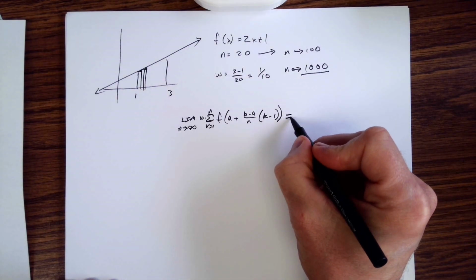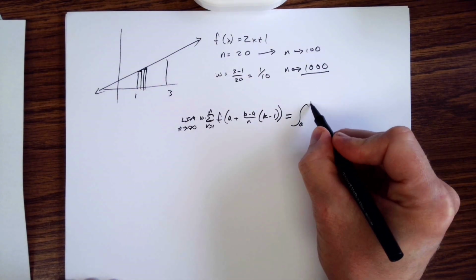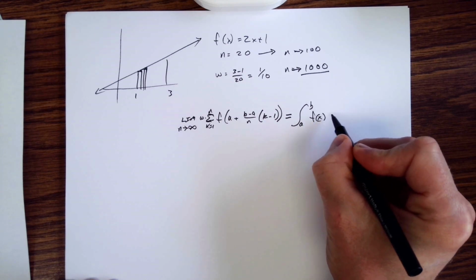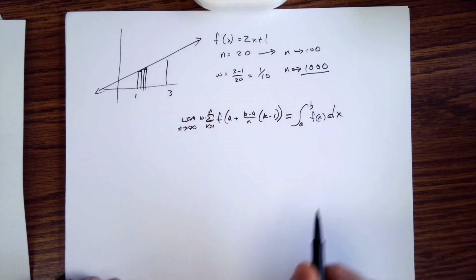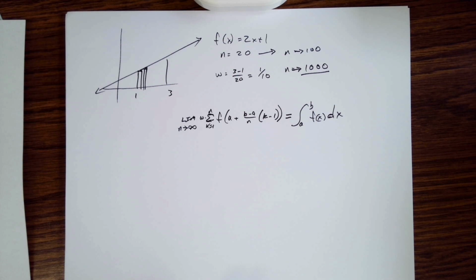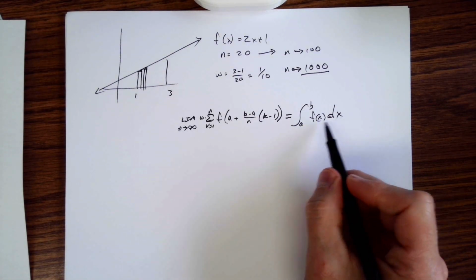This would be exactly the integration from a to b of f of x dx, right? Which is pretty cool. And we're going to deal with this more in a little bit.